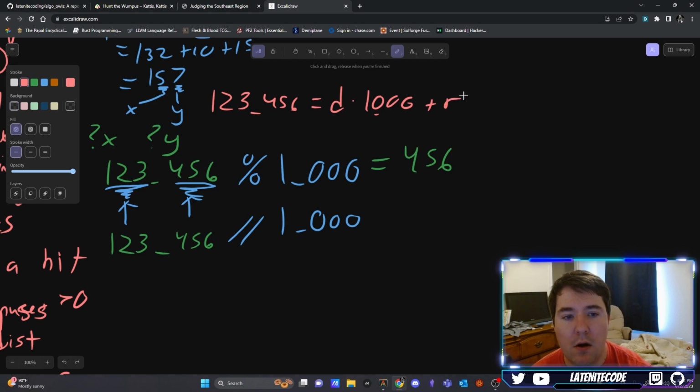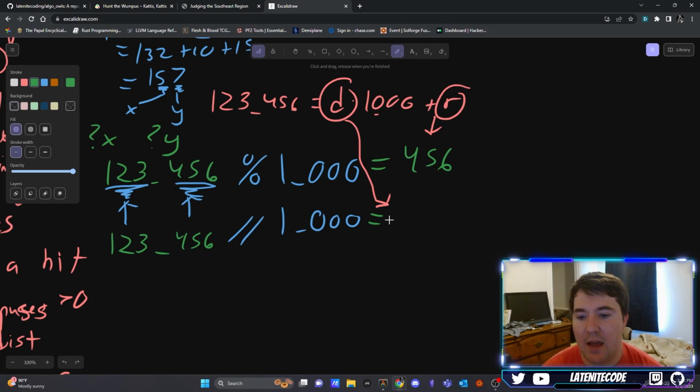So this r value is what's going to come down here when we do the modulo, and this d value is what's going to come down here when we do integer division. And what's that d value? In this case, it is 123 because the number is 123,000. So it's 123 times 1,000 plus 456. So now we're going to get that 123.